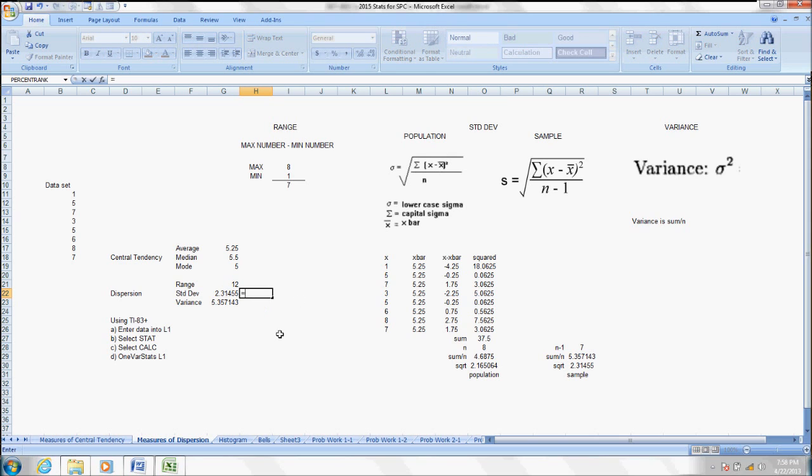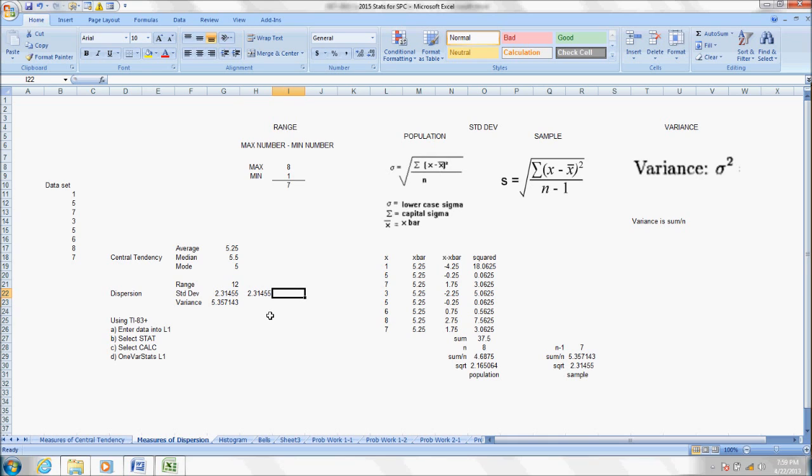So it's equals STANDARD, and you can see how Excel just fills it in. And I'm going to scroll down here, and you can see right here, STDEV.S says estimate standard deviation based on a sample. So that's the one I want. I hit tab, and then I just select my data and hit enter. So there's your 2.31455.